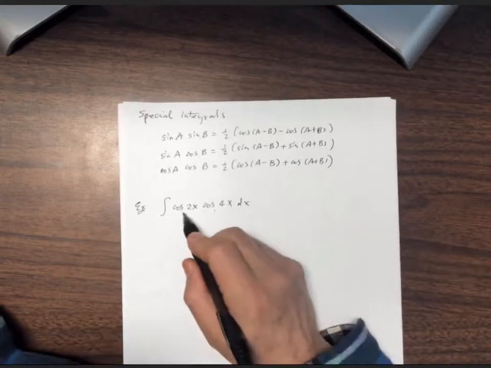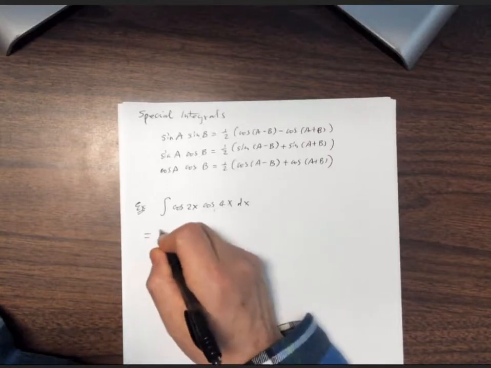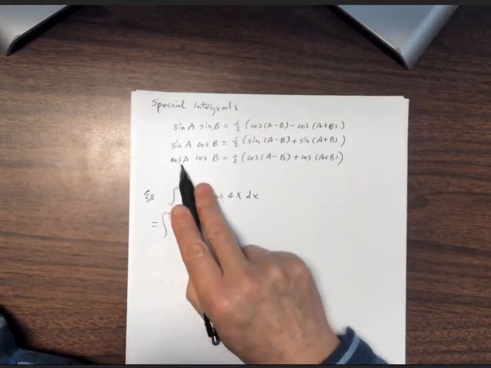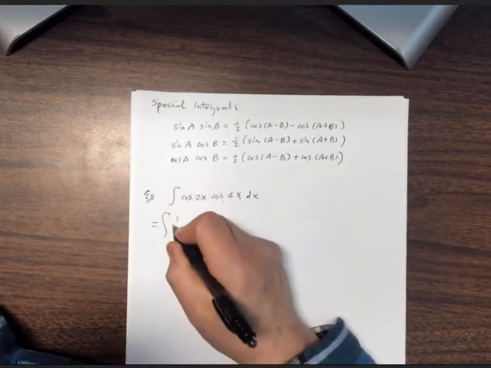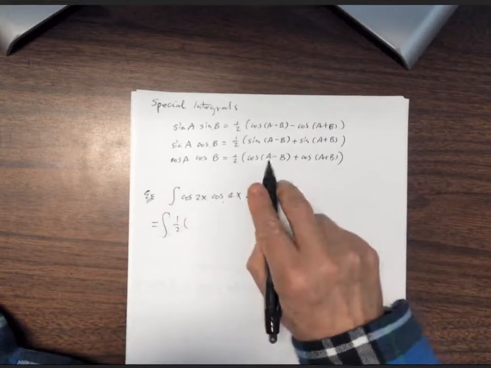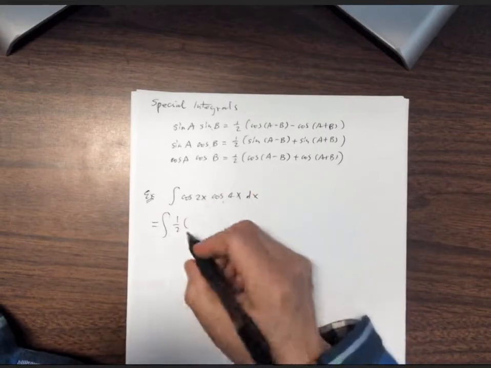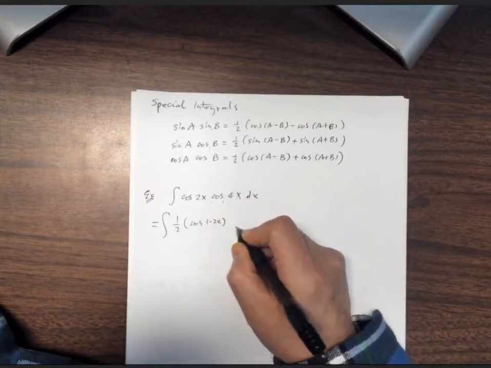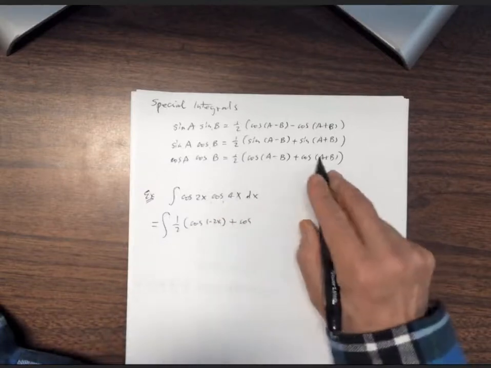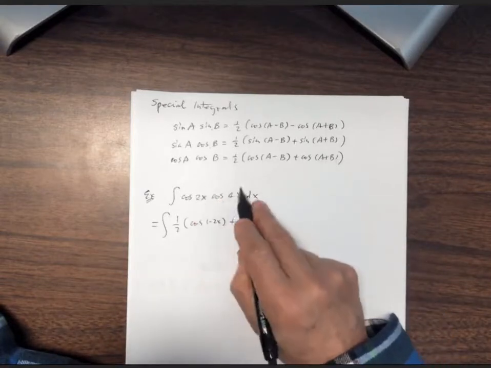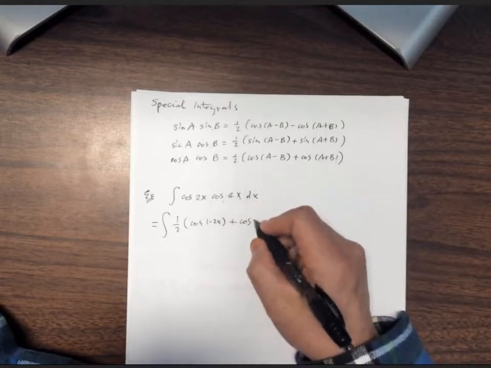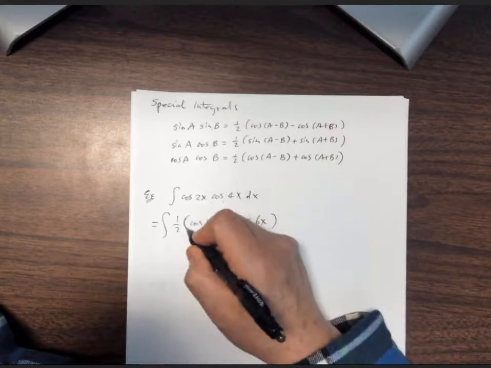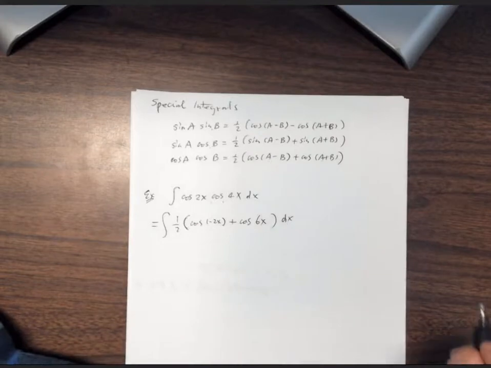Okay, I have a cosine times cosine. First, let's see the identity. Cosine times cosine is half of cosine (a minus b) plus cosine (a plus b). This is a, this is b. So it's cosine of a minus b, negative 2x, plus cosine of a plus b, 6x, dx.